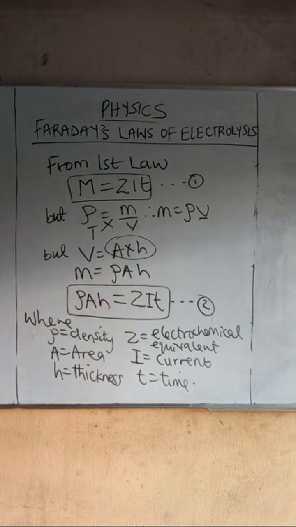It's small t that we have. Under density, I have area, capital A as area, then H as thickness.